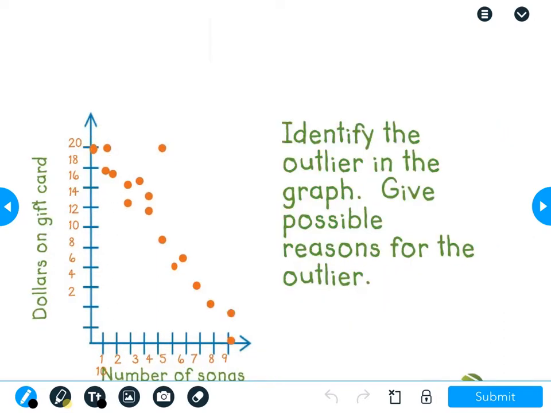Identify the outlier in the graph. Okay, kind of looks like the same point right there. And what would the reason be? Let's see, it's the number of songs and the dollars on a gift card.